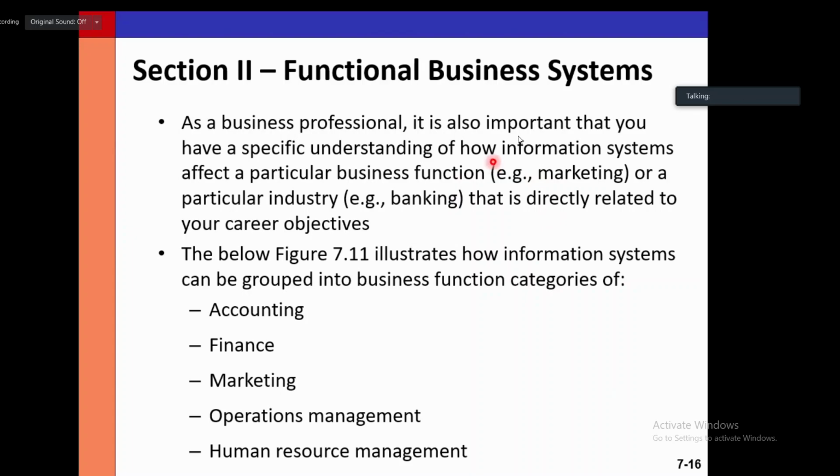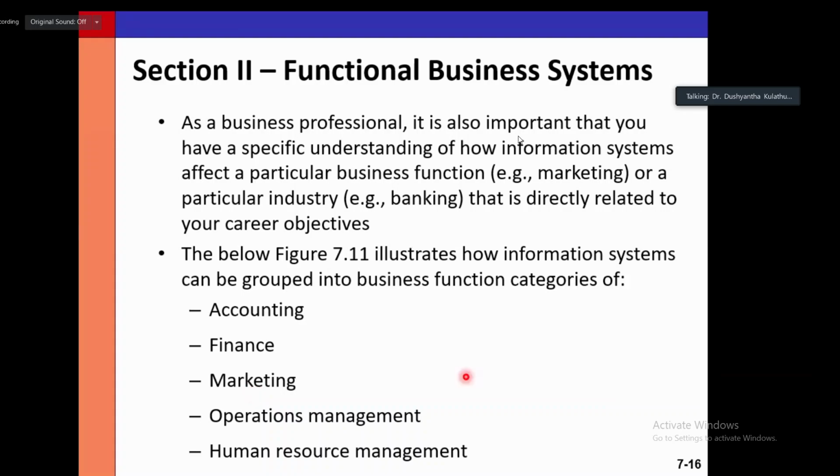When you work within an organization, you need to understand how information systems affect different functions of your organization, and also how information systems affect the industry in which you work. Now, we are going to look at a figure which illustrates how information systems can be grouped into business function categories of accounting, finance, marketing, operations management, and human resource management.